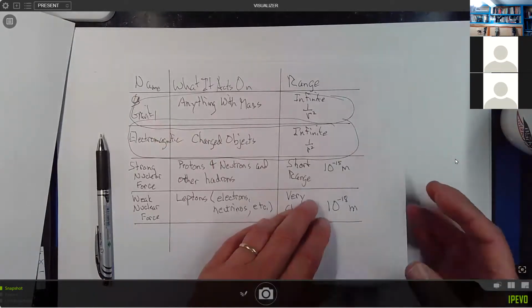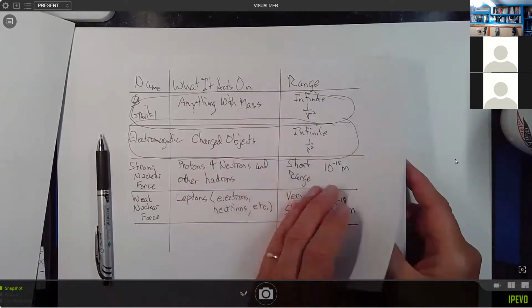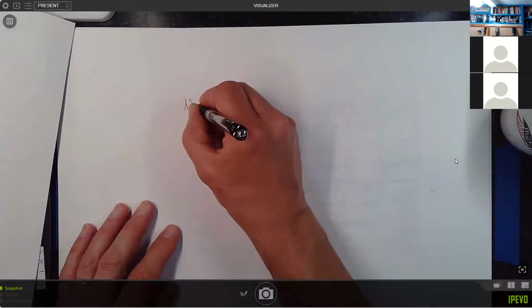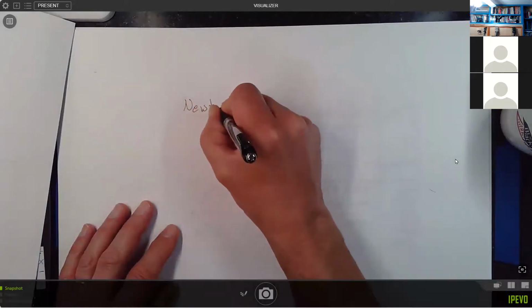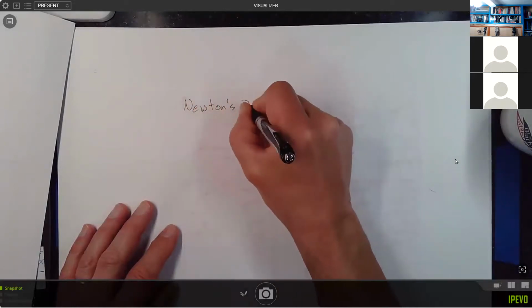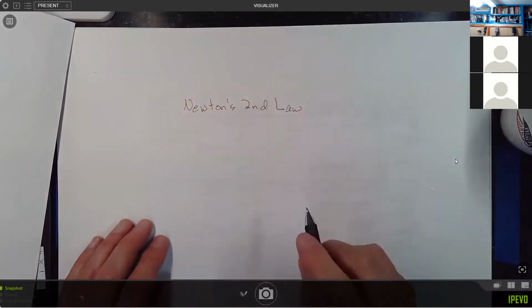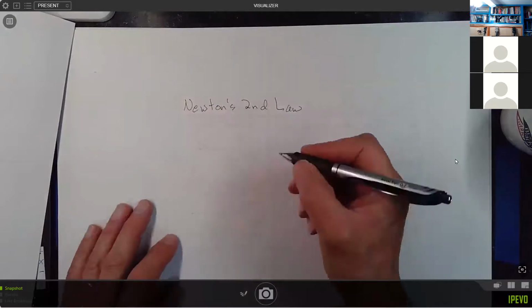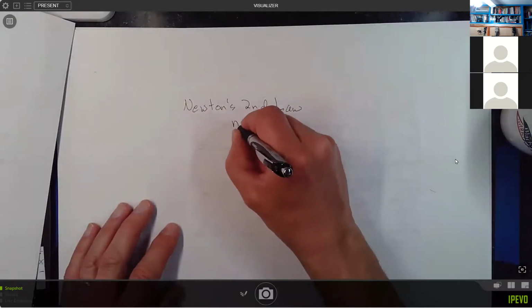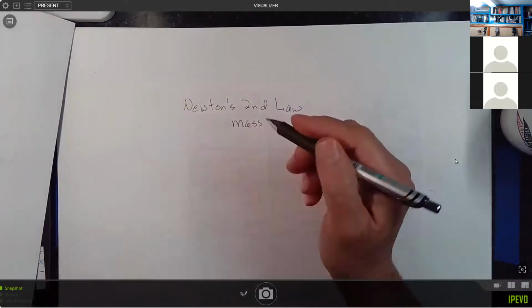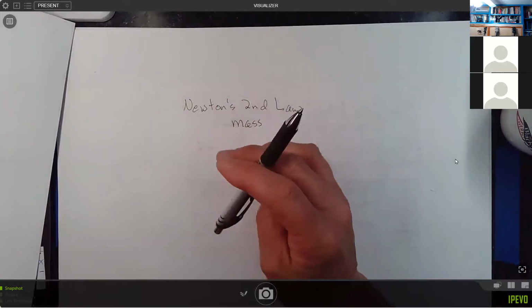Okay, we've got 3 minutes left here, and I'm just going to briefly introduce Newton's second law. Now, in order to introduce this, I'm going to have to introduce the idea of mass. And this is someplace where problems could arise.